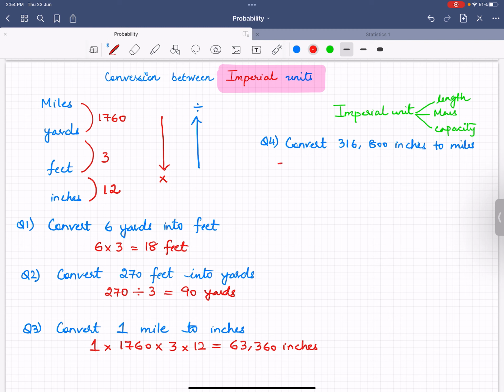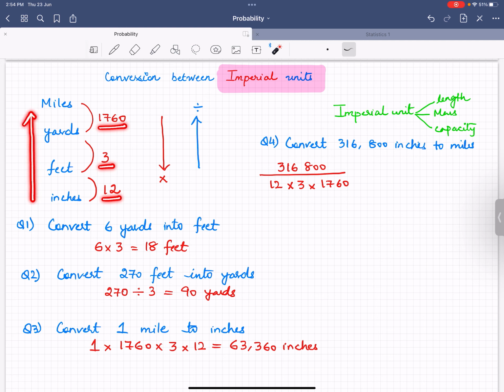We have 316,800 and we need to divide it by 12 and by 3 and by 1760. So we are dividing the number 316,800 by 12, by 3 and by 1760 because we are going right up. So when we calculate this, we get our answer in miles, and that is equal to 5 miles.